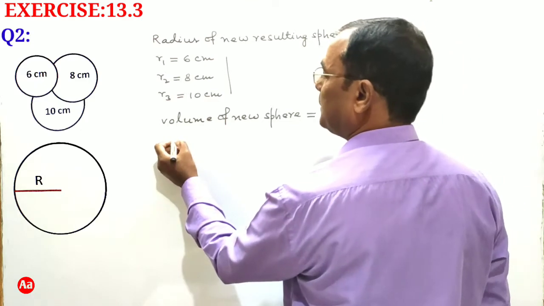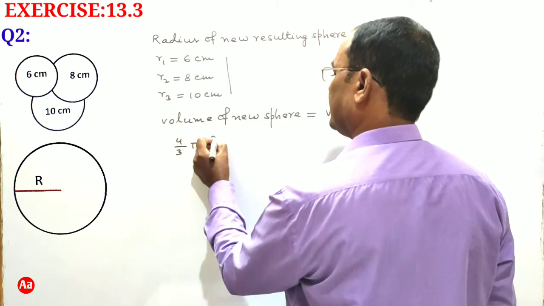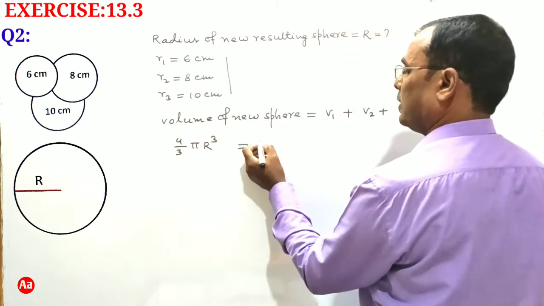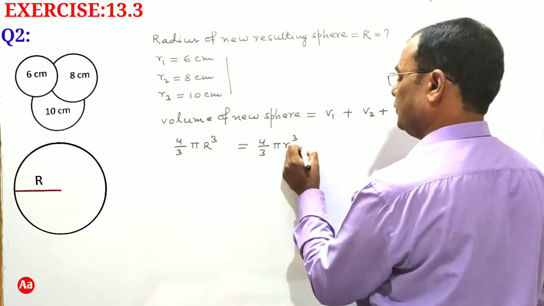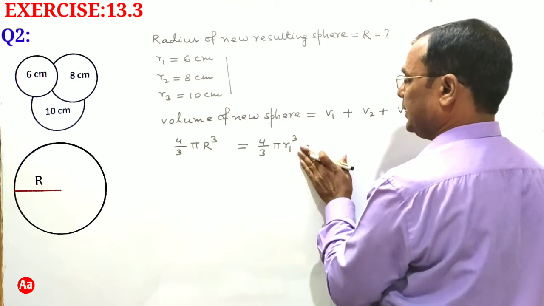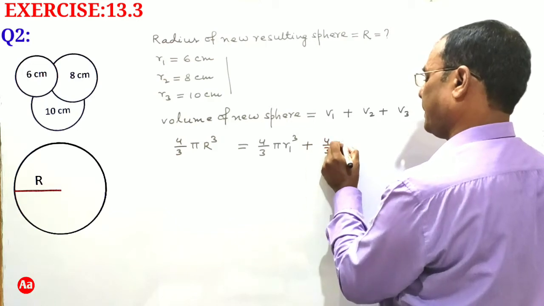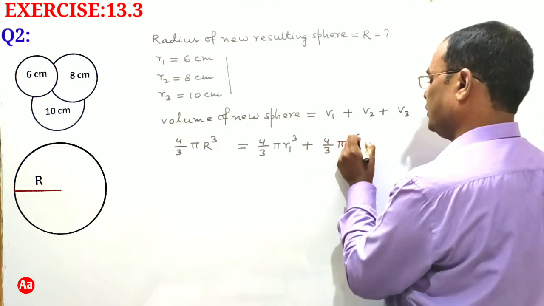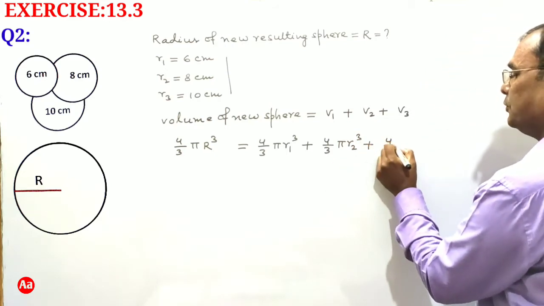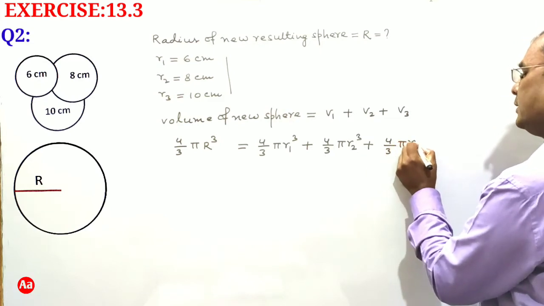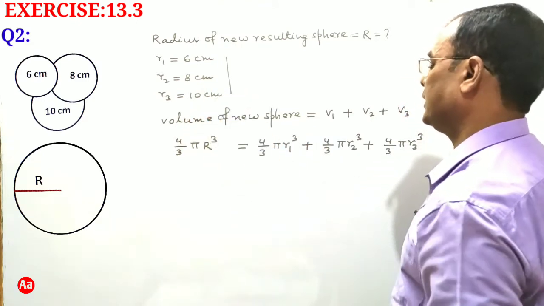Volume of new sphere 4 by 3 pi R cube equals 4 by 3 pi R1 cube, volume of sphere of radius R1, plus 4 by 3 pi R2 cube, volume of sphere of radius R2, plus 4 by 3 pi R3 cube, volume of radius R3, 10 centimeter.